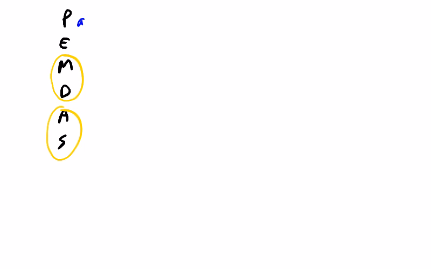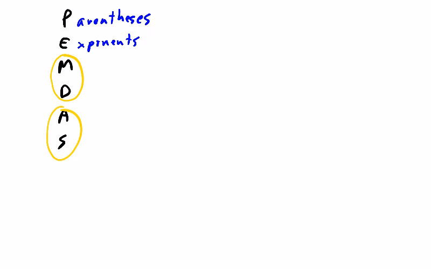The P stands for parentheses. So no matter what, you do what is in parentheses first. What is the E? The E stands for exponents. So if there's an exponent involved in the problem, you would work with the repeated multiplication that it represents before doing any of the other operations.